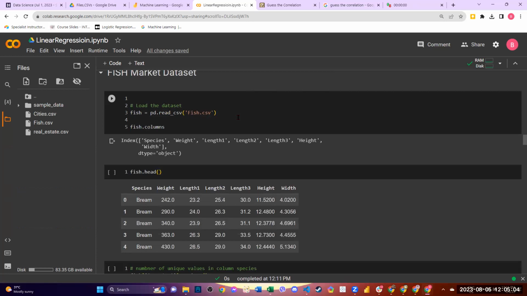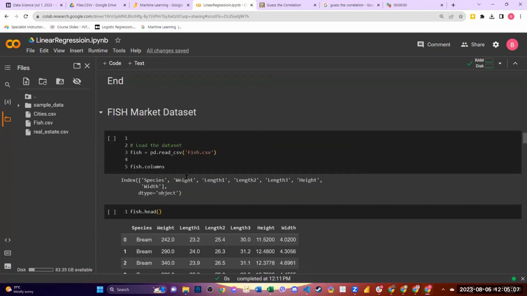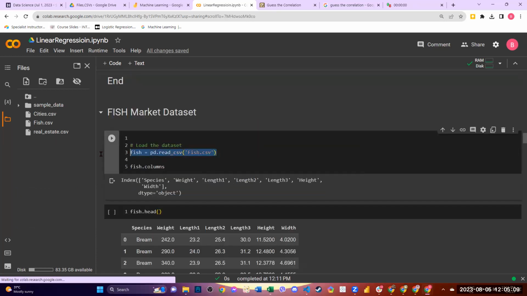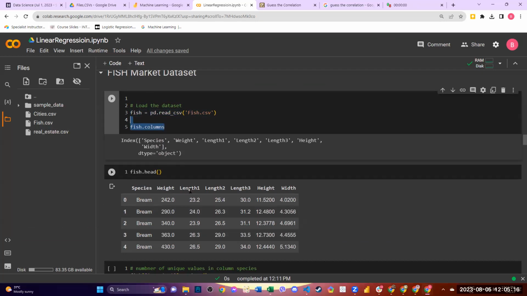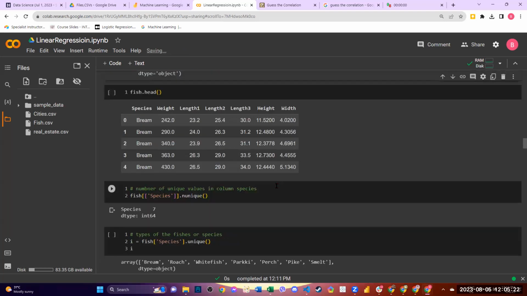So for the next example, the fish market data set. We use the fish.csv, and our columns are species, weight, length, length 2, length 3, height, and width. So we will try to transform the species into a numerical format.